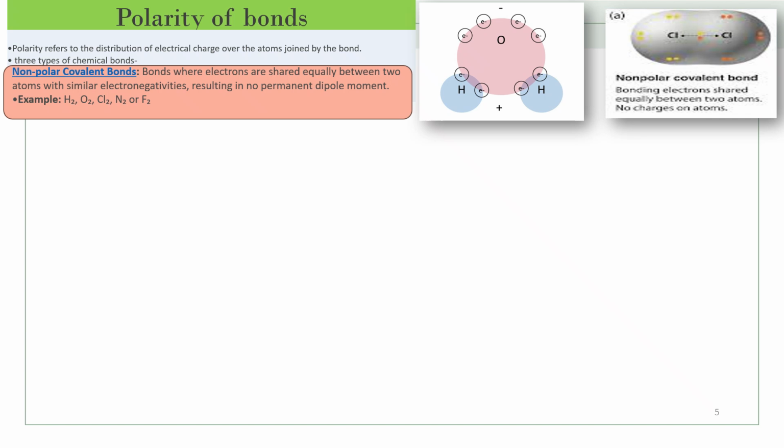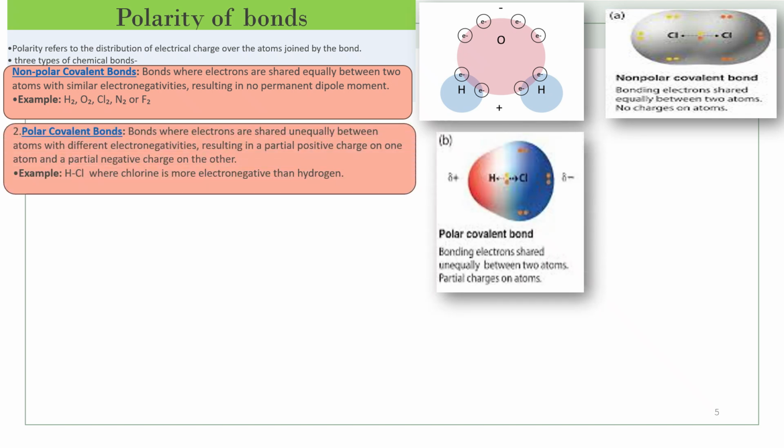Next one is polar covalent bond. See the example of HCl. Here chlorine is the highly electronegative atom and hydrogen is the least electronegative atom. So chlorine attracts the bond pair electrons towards itself and creates a partial negative charge on the chlorine atom.